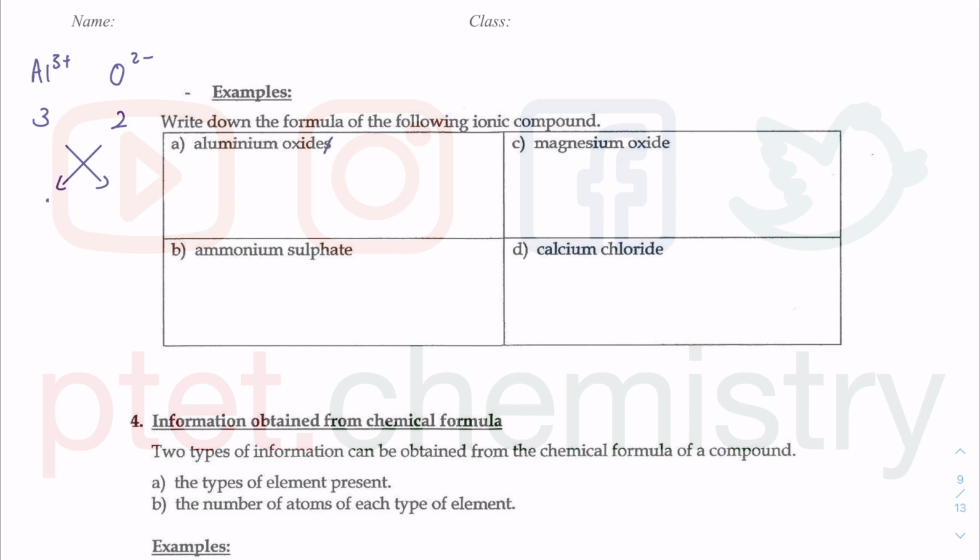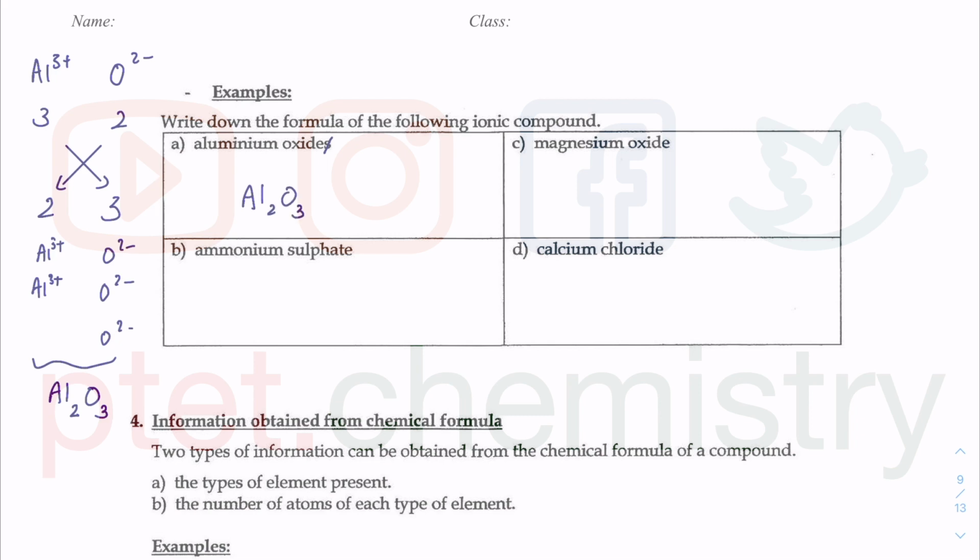So the 2 on the right goes to the left, the 3 on the left goes to the right. This means there are 2 of these. So I write Al3+, Al3+, and O2-, O2-, O2-. We can then see there are 2 aluminium and there are 3 oxygen. So the formula is going to be Al2O3.